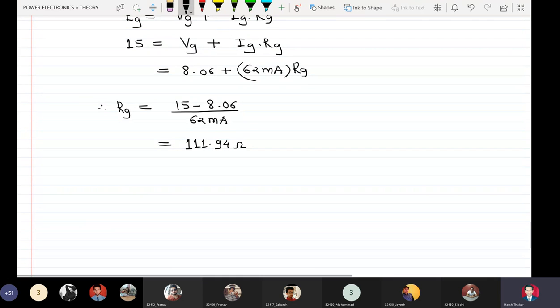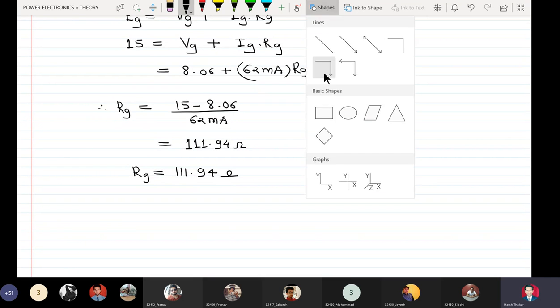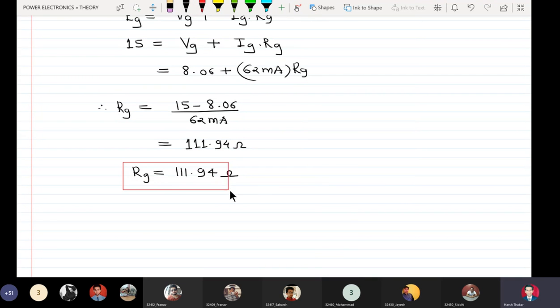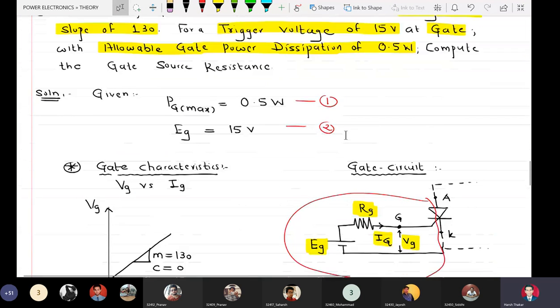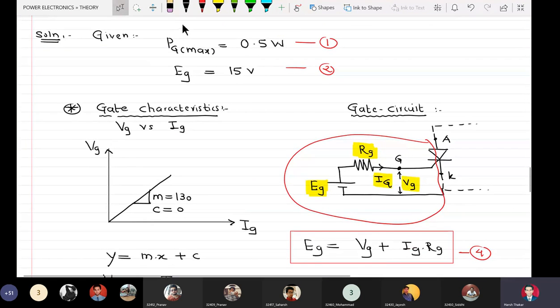So we have got the gate source resistance equal to 111.94 ohms. Fine. So this is how you solve numericals like this.